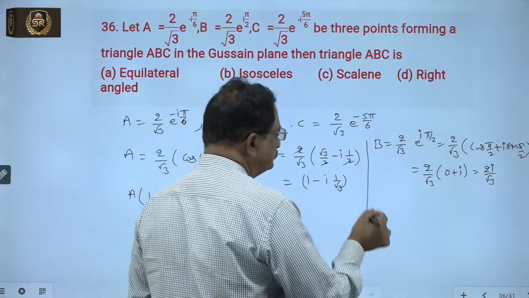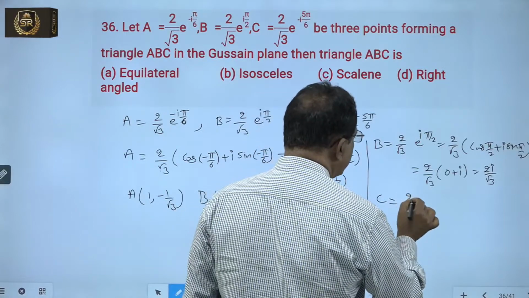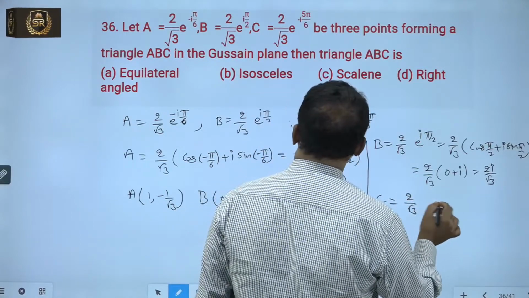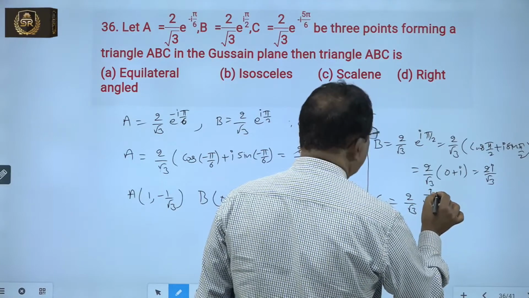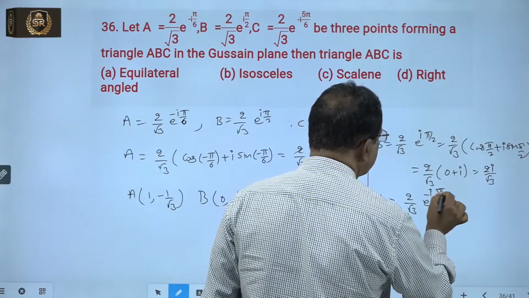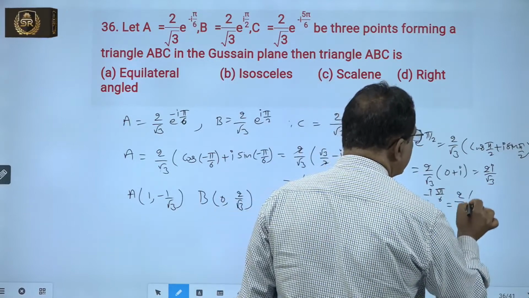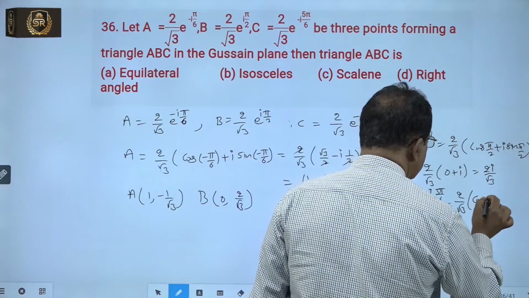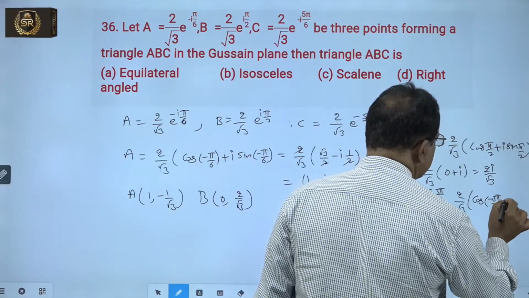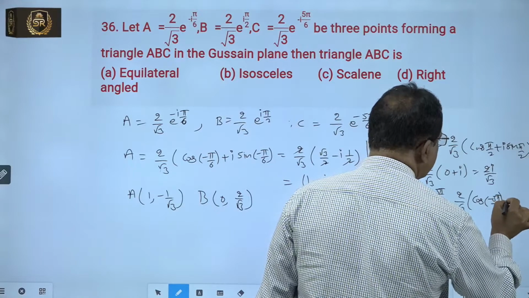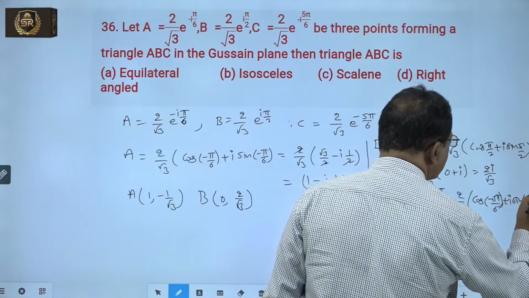Next, point C, 2 by root 3 e power minus i 5 pi by 6, that equals 2 by root 3 into cos minus 5 pi by 6 plus i sin minus 5 pi by 6.